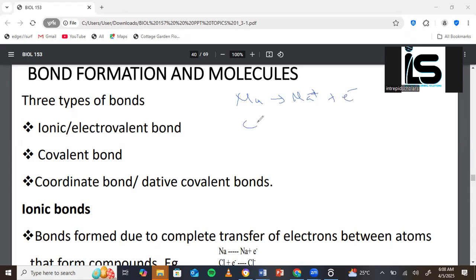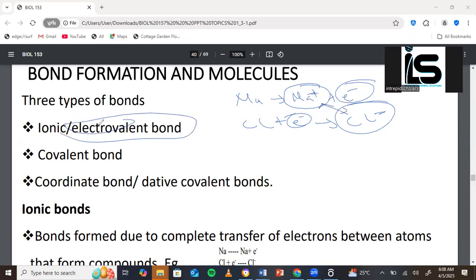Now, if we have chlorine, the chlorine can accept this electron to become Cl minus. So in the electrovalent bond, there's a complete transfer of electron from the metal to the non-metal. Now, these ions are oppositely charged, plus and minus, so there'll be electrostatic attraction to form this bond. And that is what we call the ionic or electrovalent bond, a very strong bond.